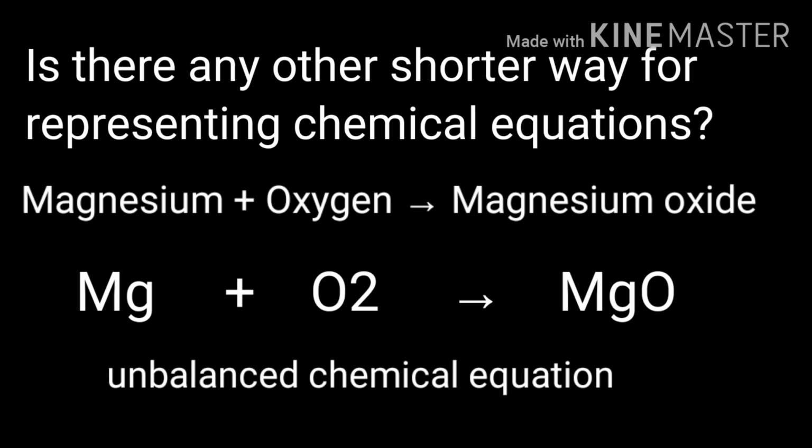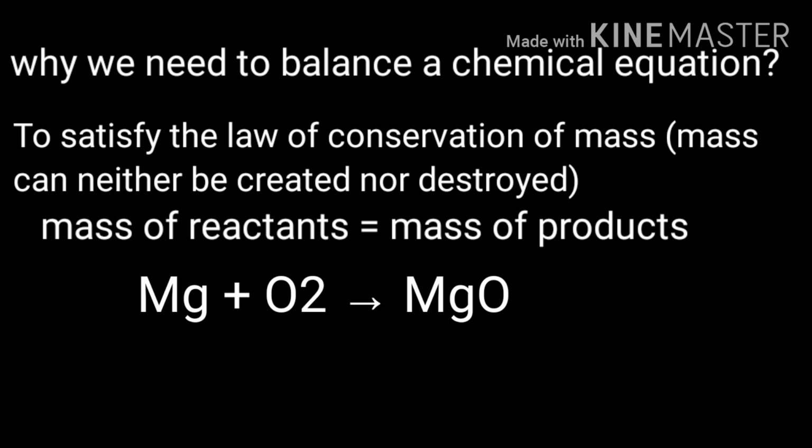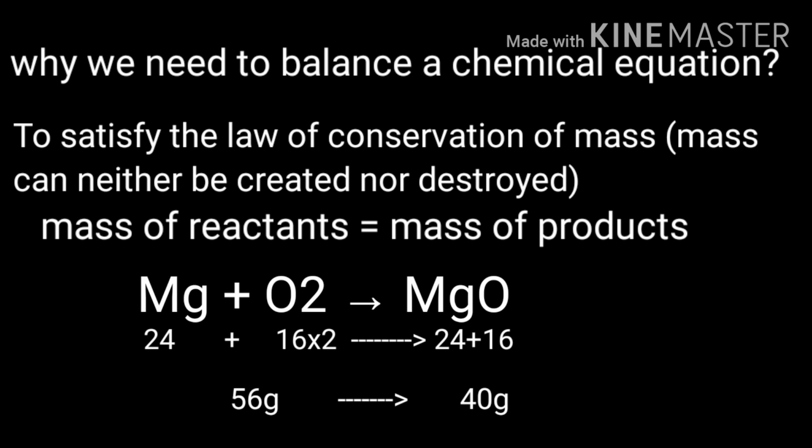And for any chemical reaction it is very important that the number of atoms on the reactant side and product side should be equal, and that type of equation is known as a balanced equation. In this reaction the number of atoms are not equal, and this type of equation is known as an unbalanced equation.